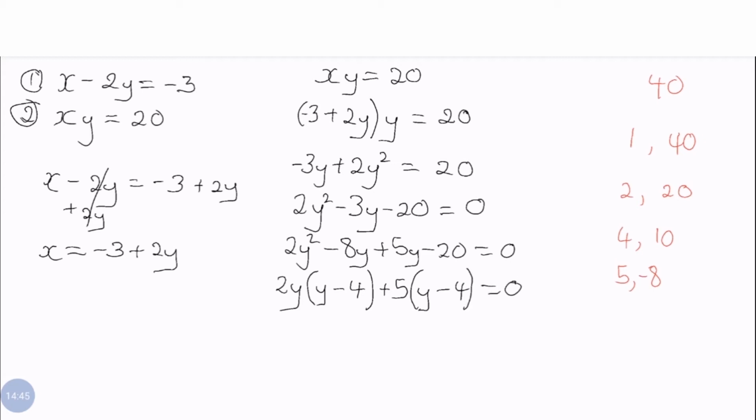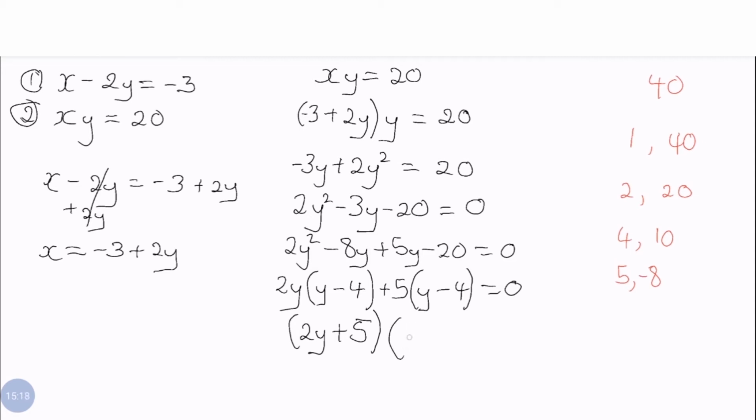Now, since we have done that, we have to finish up our factorization. The first thing we will do is take the terms that we have factored out, which are 2y and plus 5, and put them in one bracket. So 2y plus 5, and close our bracket. Now we have y minus 4 and y minus 4 here.